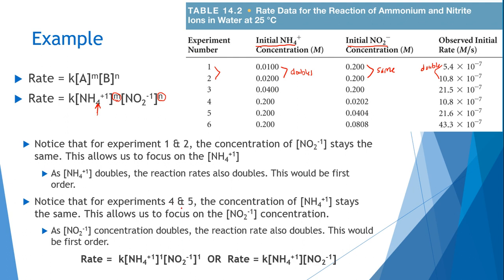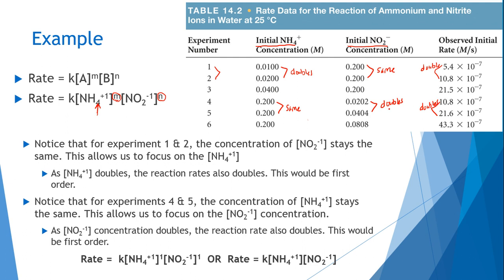If we wanted to look at the effect of nitrite, we're going to have to look at nitrite changing whenever NH4 stays the same. A good example of this is experiments 4 and 5. In experiments 4 and 5, these stay the same, which allows us to evaluate these numbers here. We notice here it doubles, and that means here it doubles.